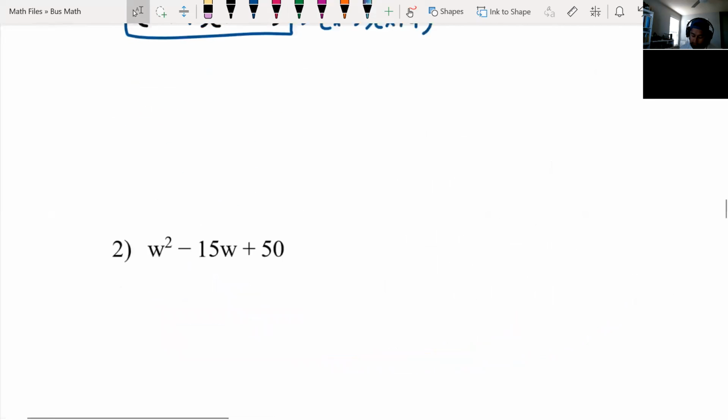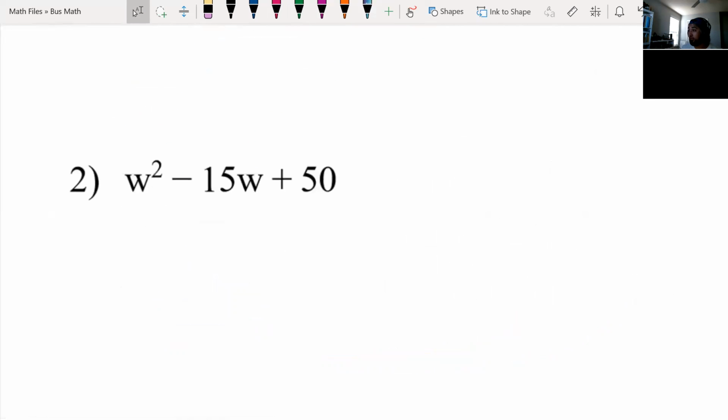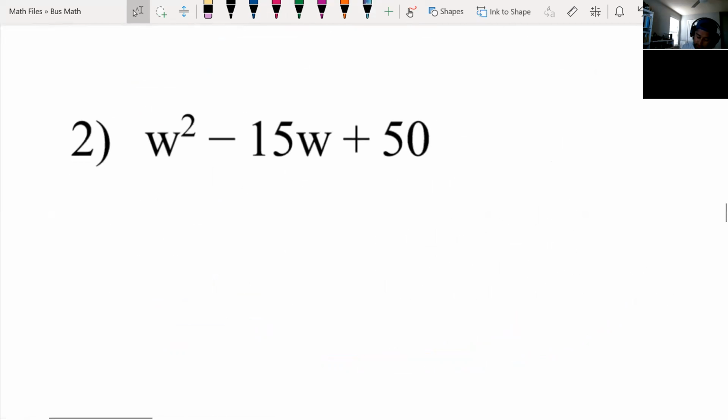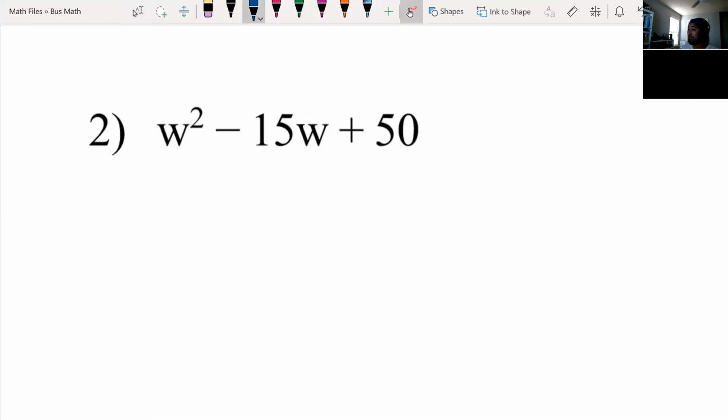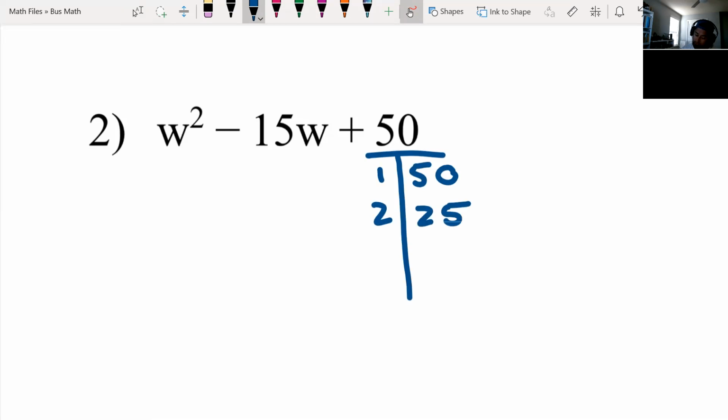W squared minus 15W plus 50. Okay, so again, like I said, just worry about the last number. For 50, we will list all the factors of 50 that could possibly make 15. 1 and 50, 2 and 25, 3 no, 4 no, 5 yes, 5 and 10, and I think that's it.